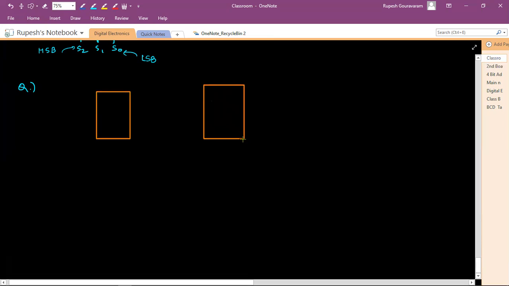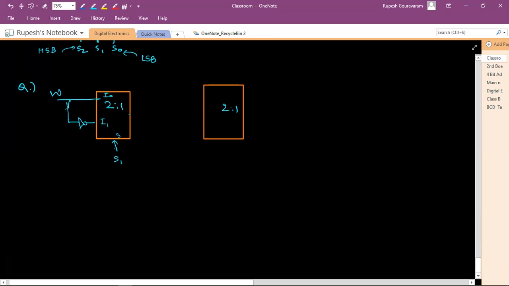There are two multiplexers like this, and both are 2 is to 1 mux. 2 is to 1 mux means there will be two inputs and one output. So here one output is W. W is supplied as I naught and W is passed to the inverter. What will an inverter do? It will invert the bit. And there is one input here, S1.